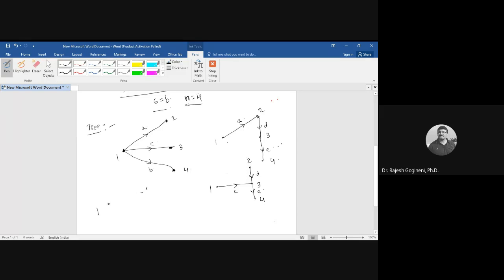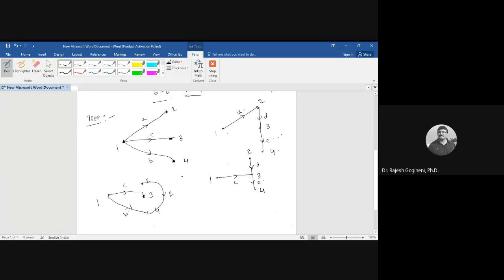One, two, three, four again. F is this one, B, and this is C. Right? Is it a tree or not?